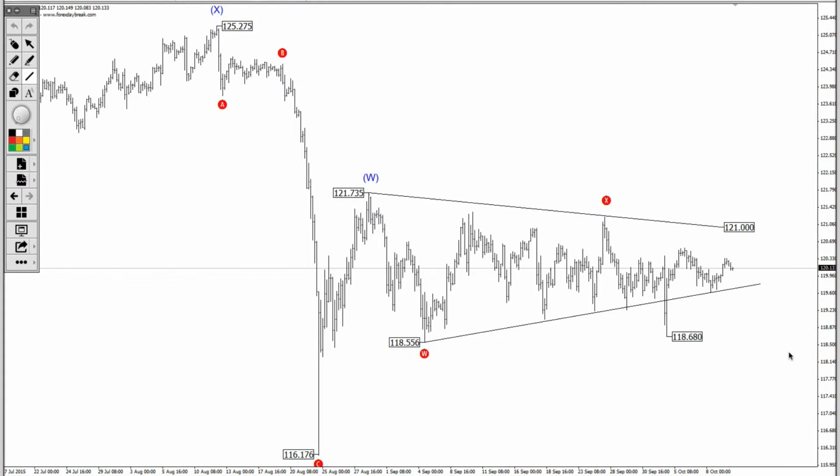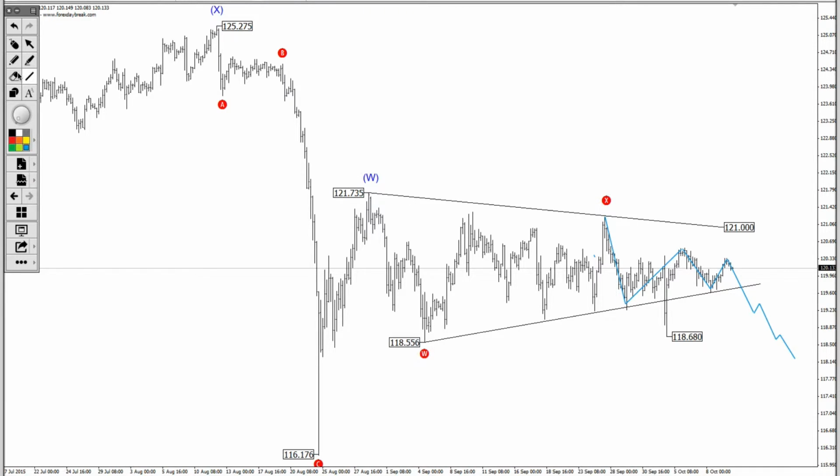one more decline before larger wave up can start. So I'm expecting to see something like this, a five-wave structure to end this very complex sideways corrective form.